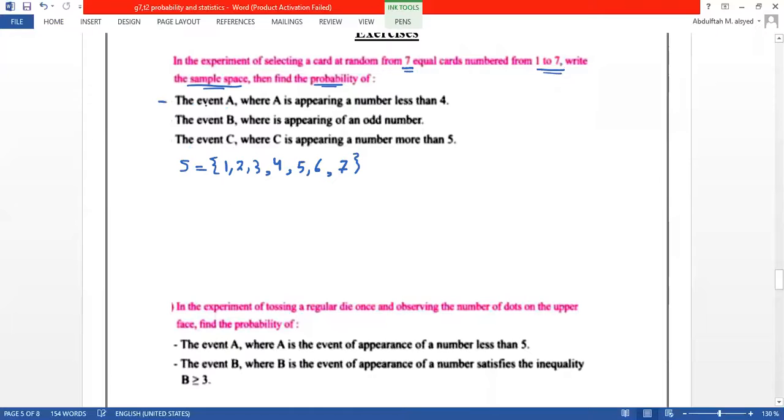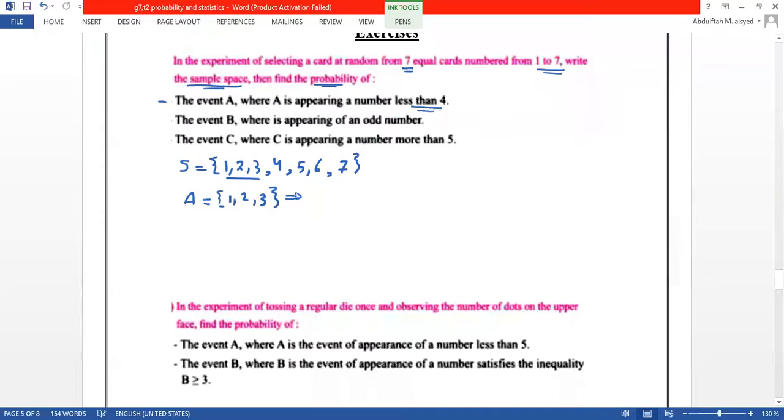Number 2, the event. This is the first question. The event A, where A is appearing a number less than 4. What are the numbers less than 4? So event A equals 1, 2, 3. 4 is not included because there is no equal, as you know.